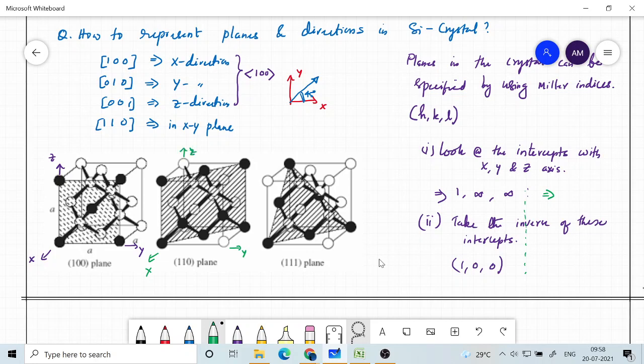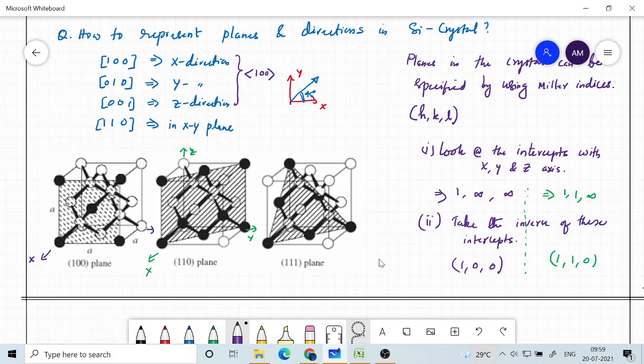The x intercept is, say, 1, and the y intercept is also 1, and there is no place where it intercepts the z axis, so it is infinity. You take the inverse, so that will be 1, 1, 0. That is why it is called the 1, 1, 0 plane.